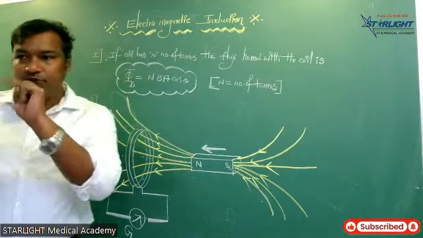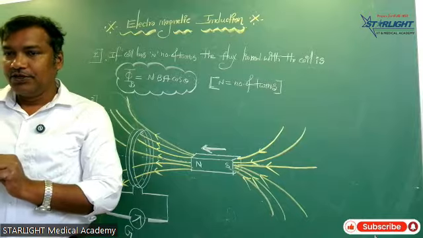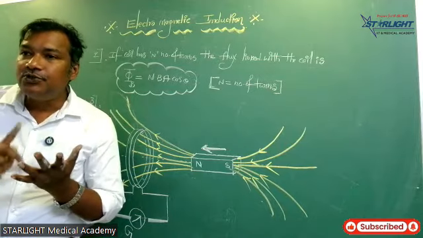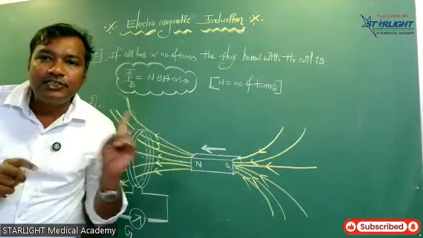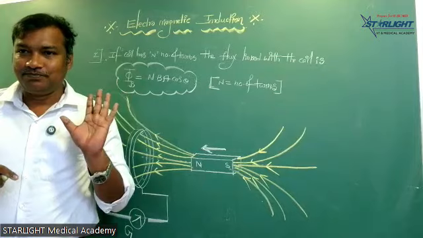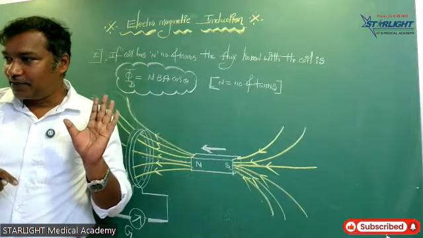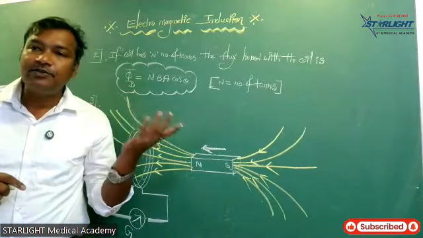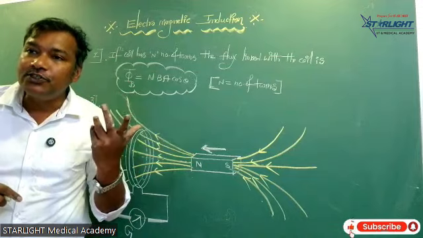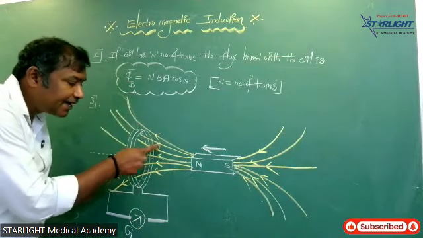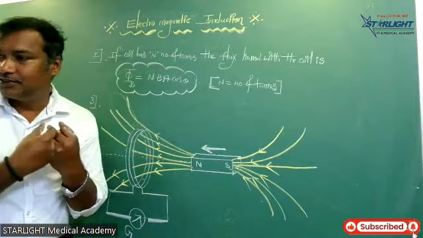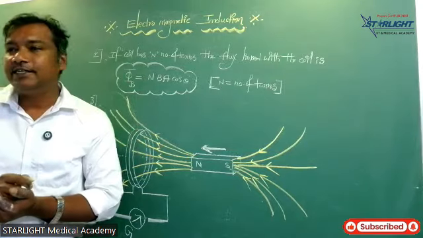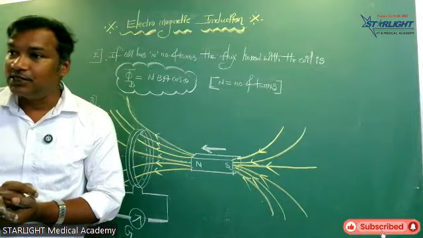I am using two words carefully here: induced EMF and induced current, whenever there is a change of magnetic flux only. When the magnetic flux linked with the coil changes, the coil is affected by these magnetic lines, and some EMF is generated inside the coil. That is induced EMF.